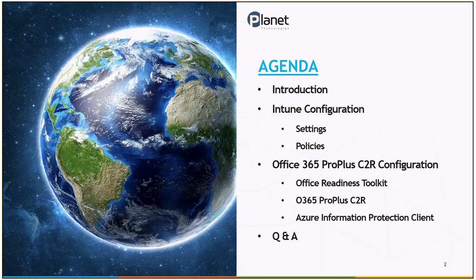So we'll talk about that, what it's for, how we implemented it, what the benefit is, and so on. And then we'll talk about O365 itself. We'll also talk about Azure Information Protection Client, which is something that needs to be installed afterwards. And as Trish said, we'll do Q&A in the middle and at the end of the presentation.